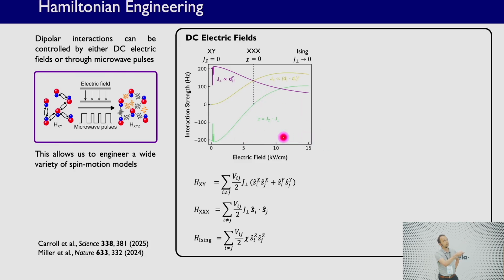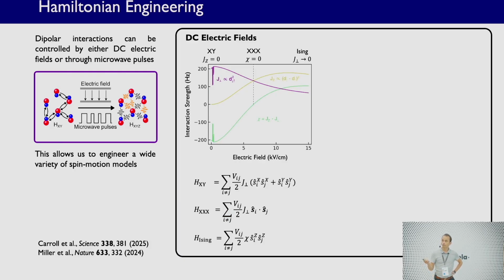We can also parameterize this with this anisotropy parameter chi, which is just the difference between JZ and J perp. There are many Hamiltonians that we can generate with this, but just to give you an example, here you have this point where chi equals 0. This is the Heisenberg point. And if we pin the molecules, so don't allow tunneling, we can create this XXX Hamiltonian.